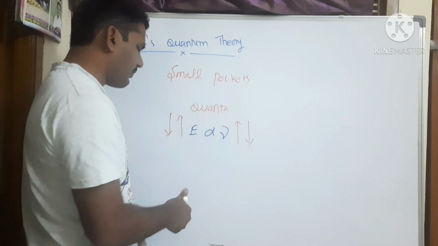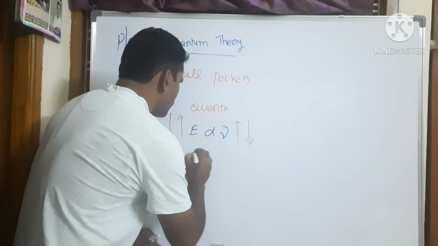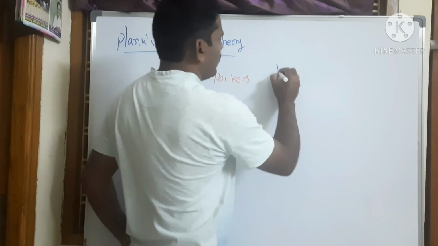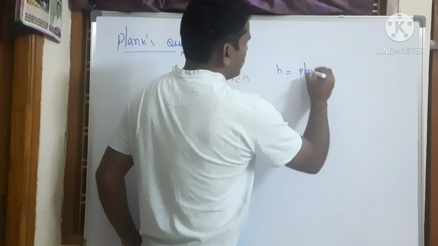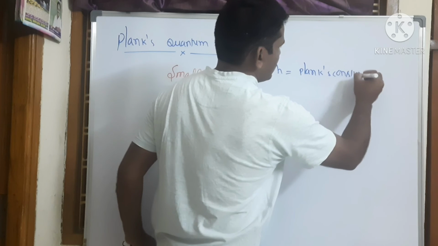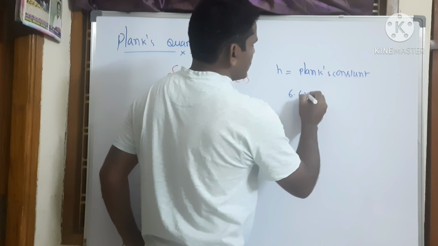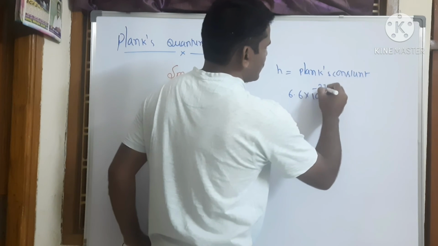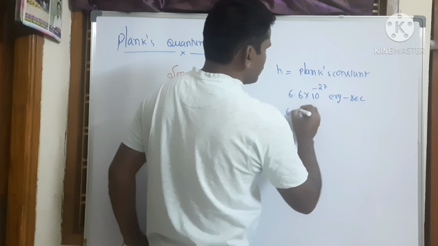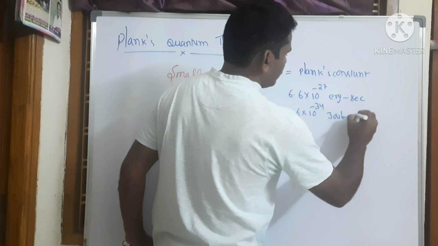In order to remove the proportionality, I am keeping a constant: E is equal to h nu, where h is called Planck's constant, which is very, very important. Planck's constant, whose value is 6.626 into 10 power minus 27 erg second, or 6.626 into 10 power minus 34 joule second.